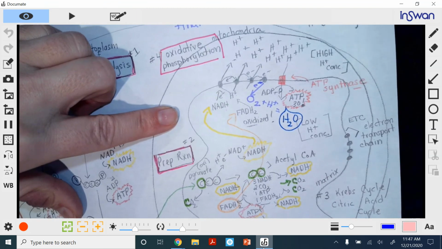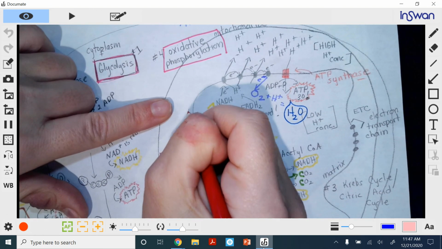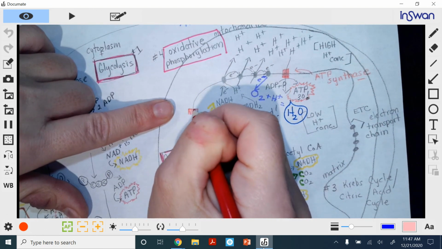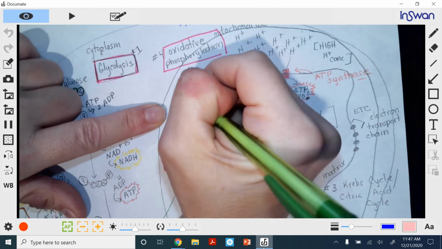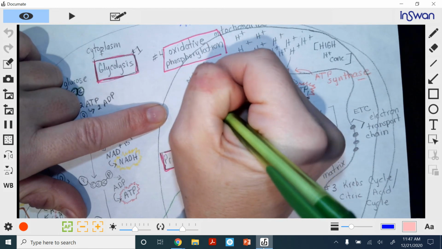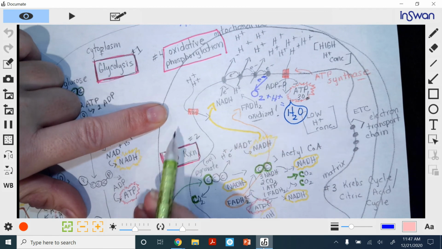So I'm going to go with it right here. Okay. And you know what? I'm going to put another ATP synthase because you just need to know that they're all over the place. Okay, so there's another ATP synthase. And we know what's going to happen here, right? The H pluses, they go. Okay.